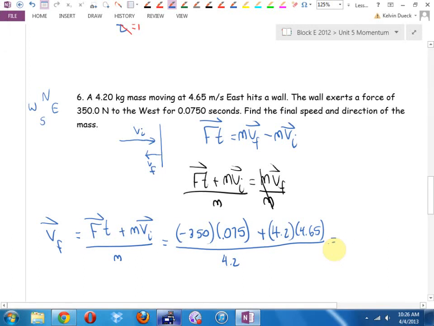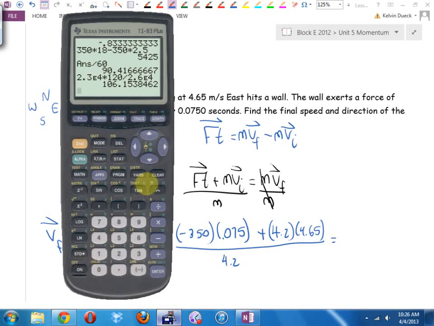What is the velocity? Let's go see. Negative 350 times 0.075 plus 4.2 times 4.65, and all of that is over 4.2. Caught myself. And all of that should be in one big bracket because it's on the top, divided by 4.2.